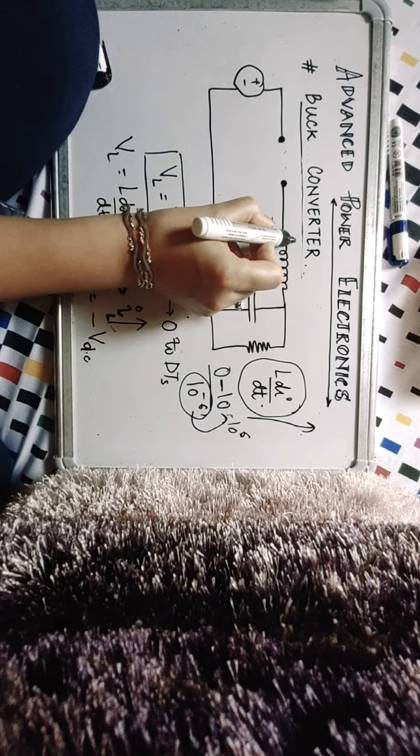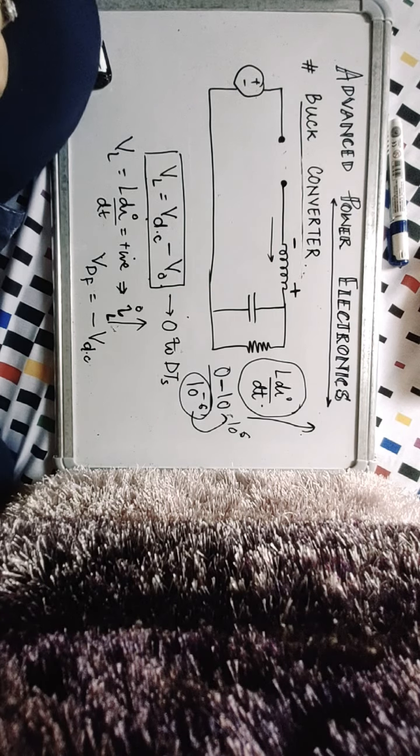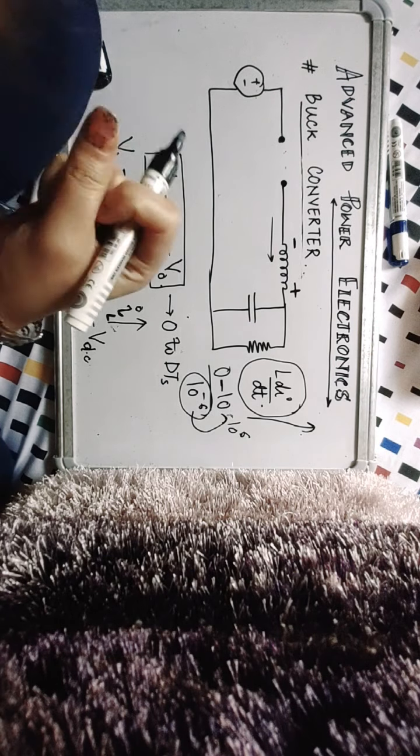So you see a voltage kick across the inductor like this. Now this inductor starts behaving like a source of energy. It has stored energy till now, and now it wants to release that energy.